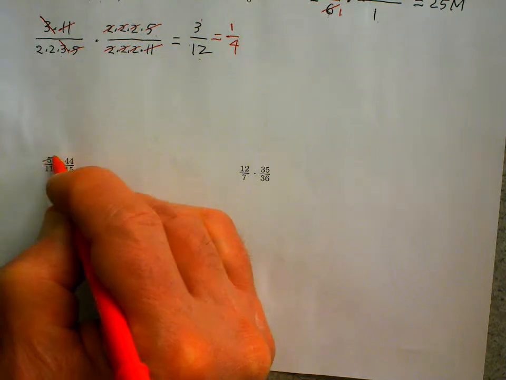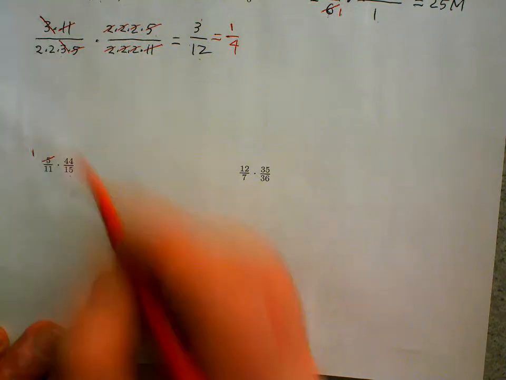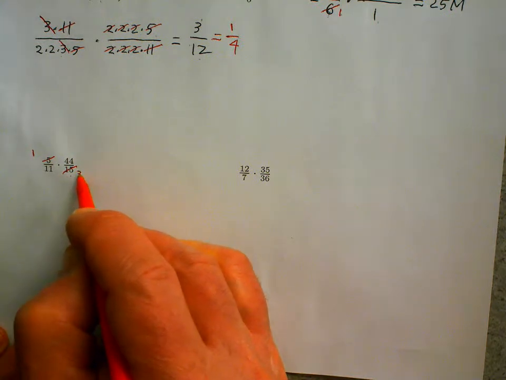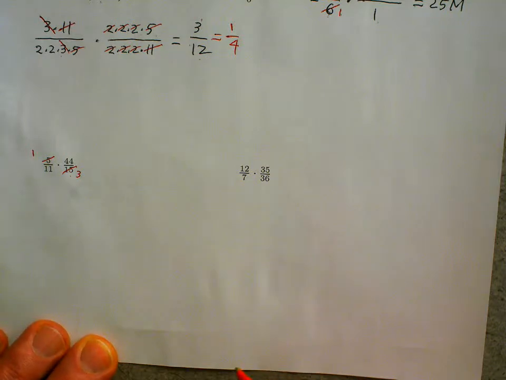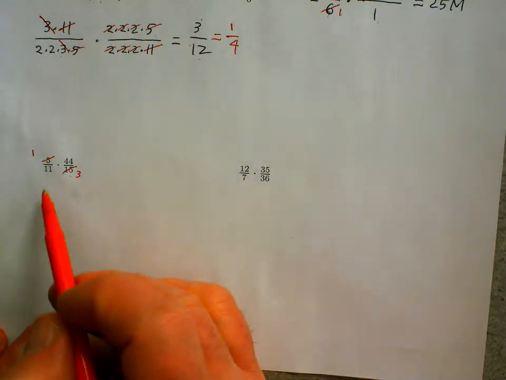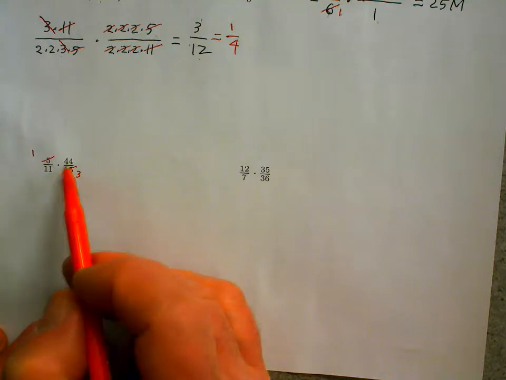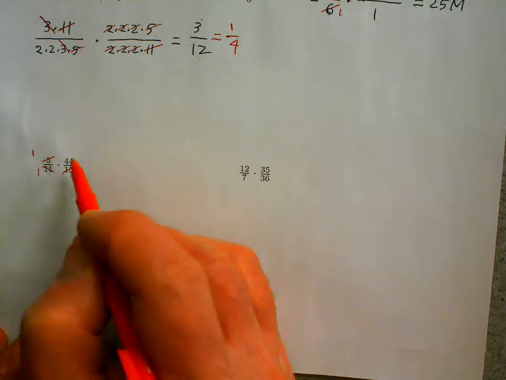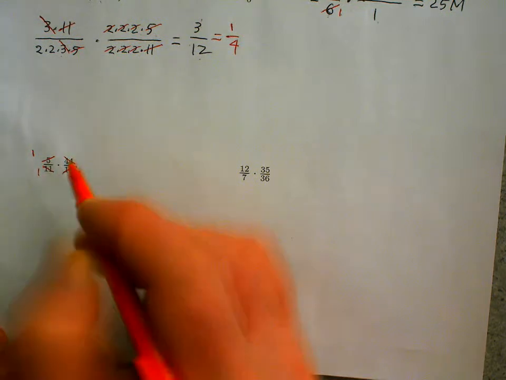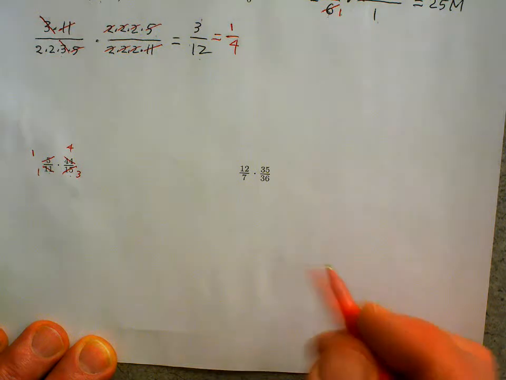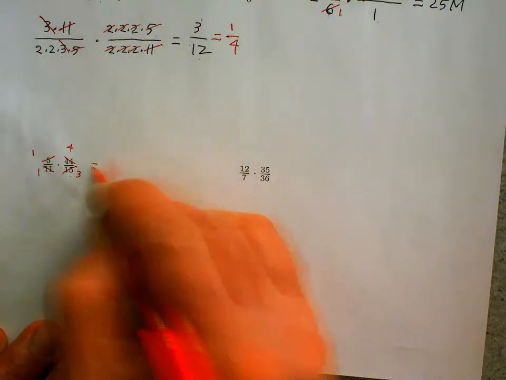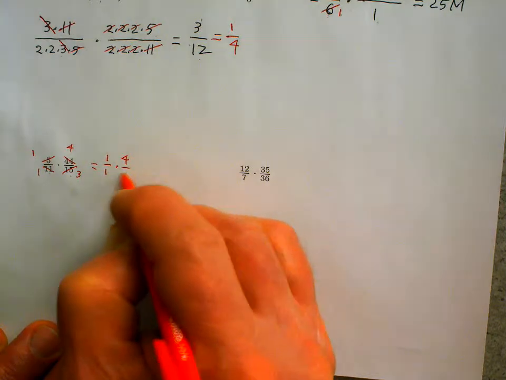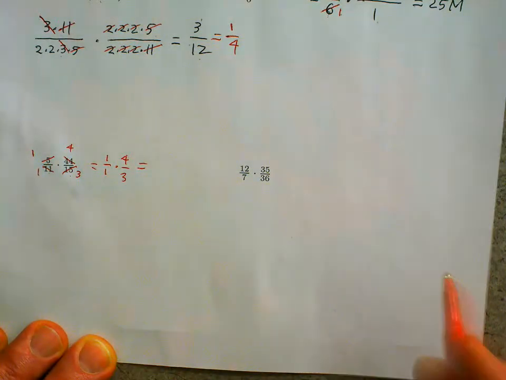So 5 goes into 5 once. 5 goes into 15 3 times. And then look at the other pair of the other denominator and numerator. 11 goes into 11 once and into 44 4 times. So now we're just looking at 1 over 1 times 4 over 3, and that's just 4/3.